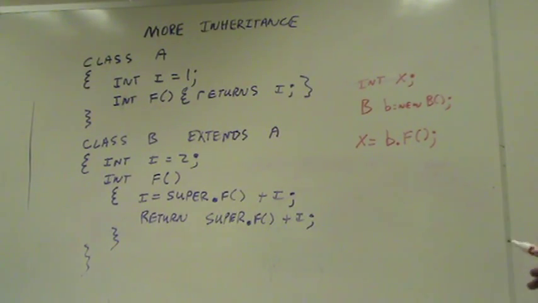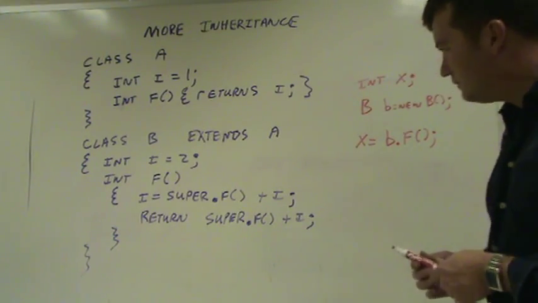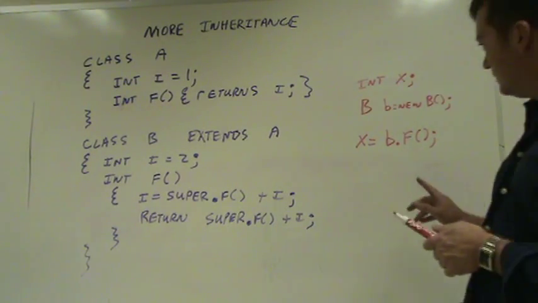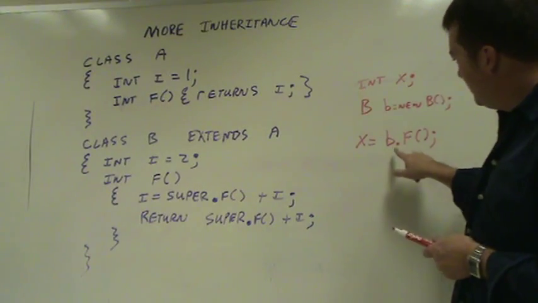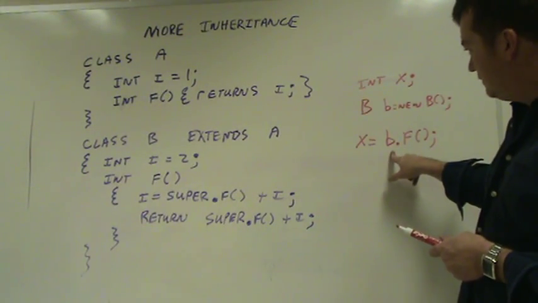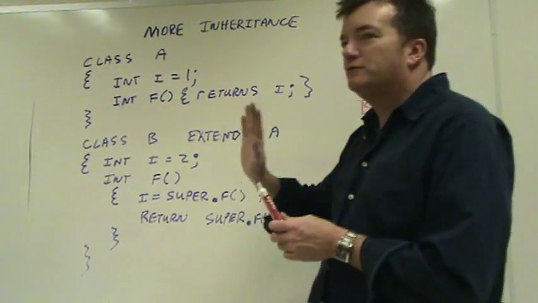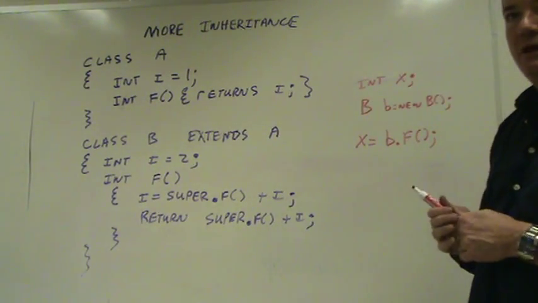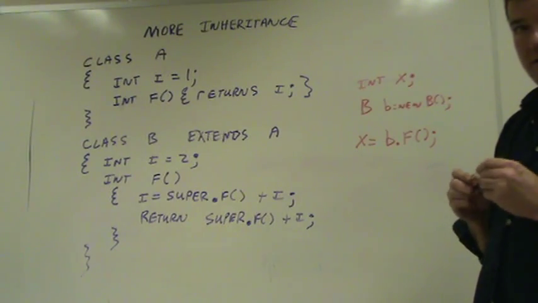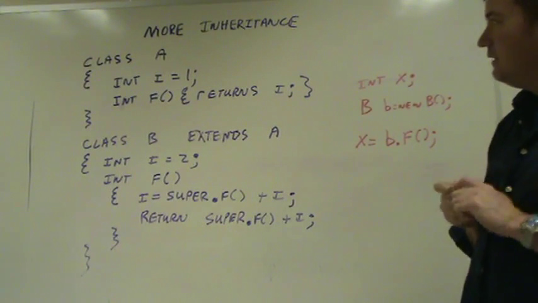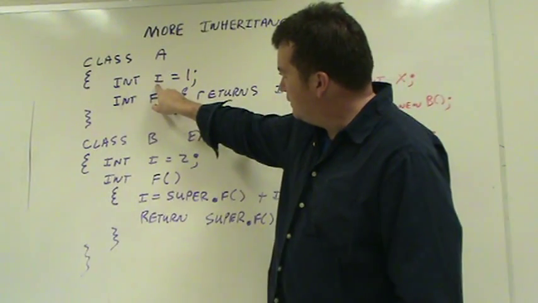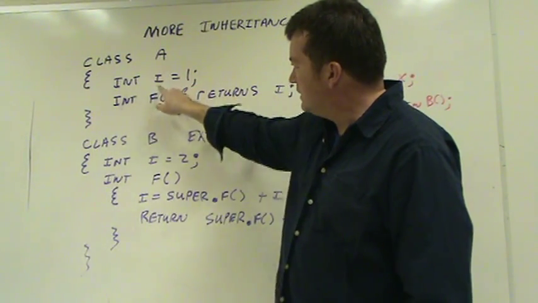I think this one's pretty straightforward. So, what's happening? We're creating the object B. How many fields does object B have? Object A has a field called I, which we set to 1.